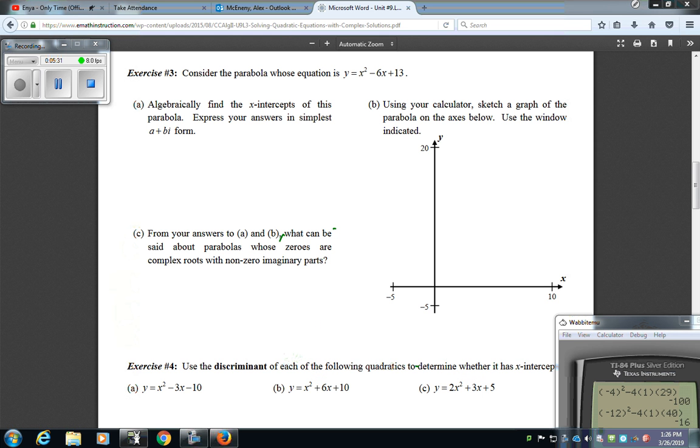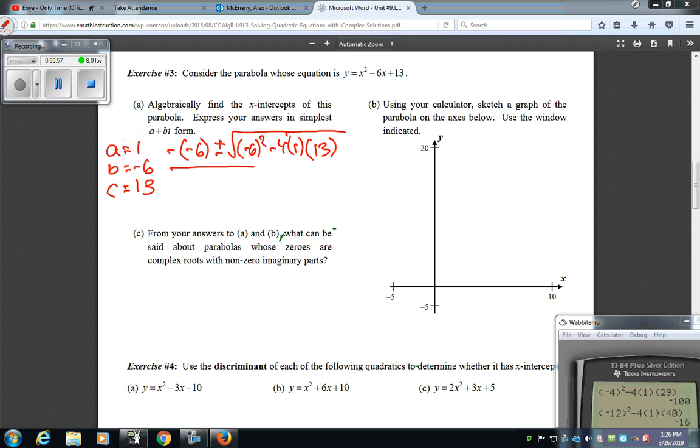Now our next example, we have a is 1, b is negative 6, c is 13. So I'm going to throw that in the formula. So I got negative 6 in for the first b, plus or minus negative 6 squared minus 4 times 1 times 13. And that's going to be all over 2 times 1.